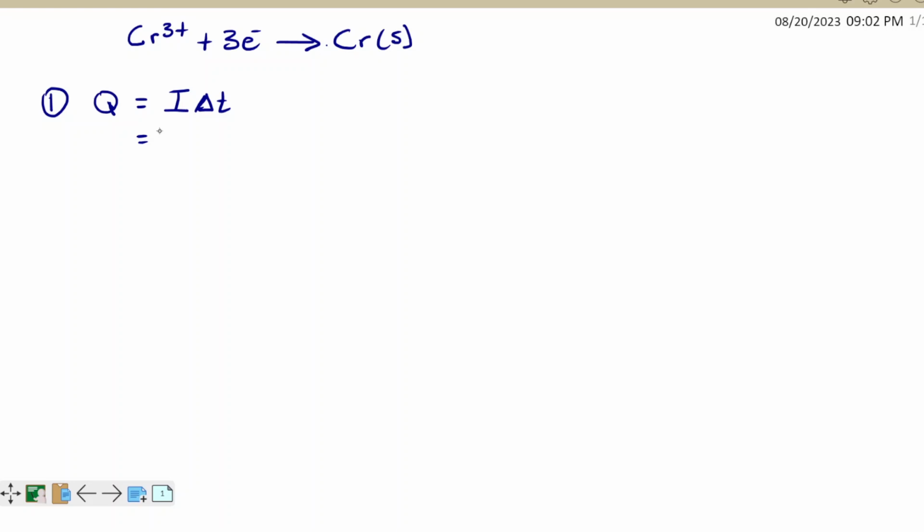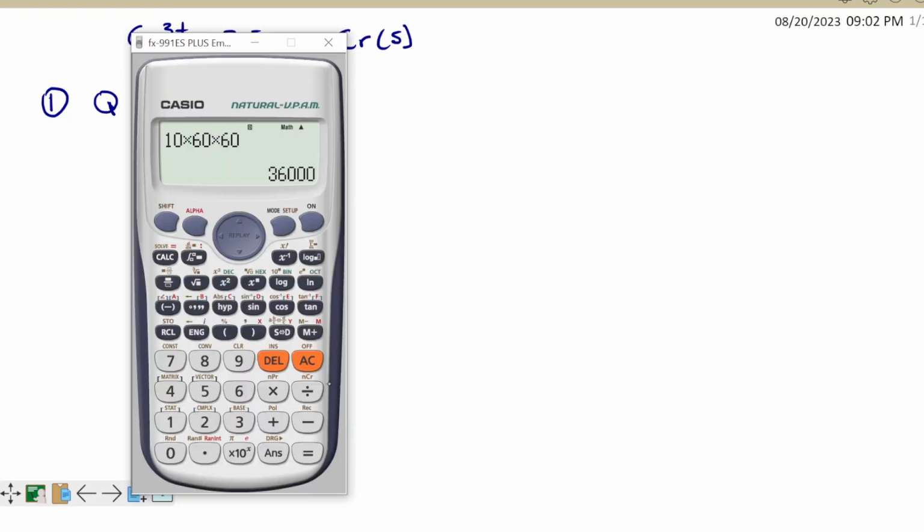Okay, I think to save time, let us just quickly go through it. To find first the amount of charge, we say it's the amount of current, which we know is 2.5 amps, multiplied by the time. We say the time is 36,000. So this is 2.5 multiplied by 36,000.